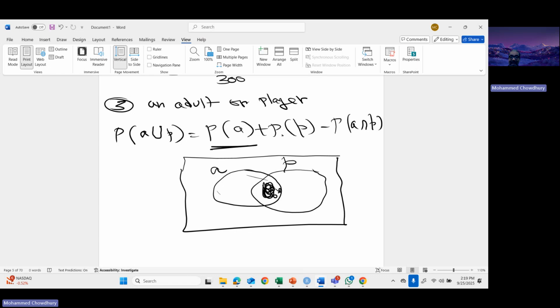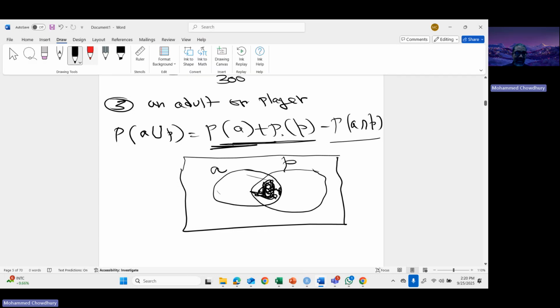So this area is coming 2 times, and that is why I am subtracting 1 time. Let me put this area in red.